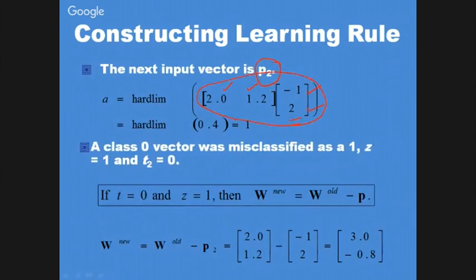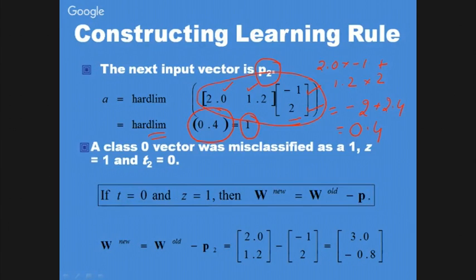When you calculate the net, you will get 2.0 into minus 1 plus 1.2 into 2, that is equal to minus 2 plus 2.4, that is equal to plus 0.4. Since 0.4 is greater than 0, the hard limit of 0.4 will give you 1, right?